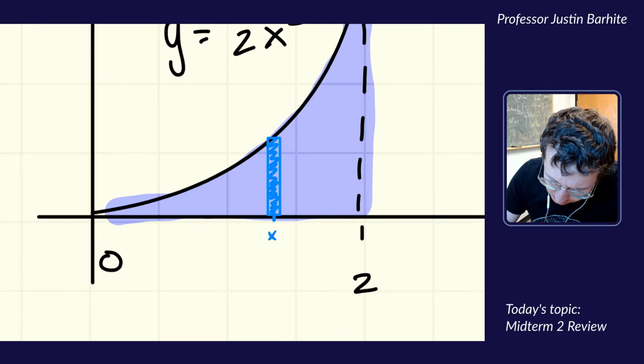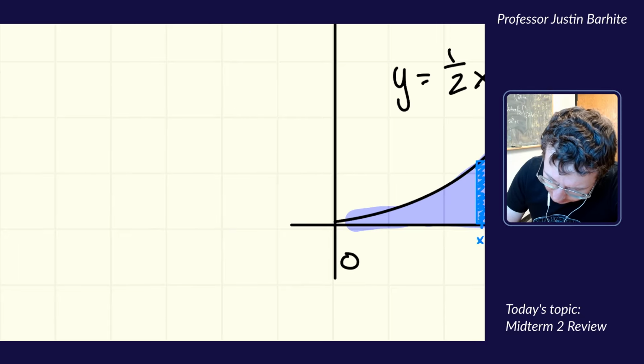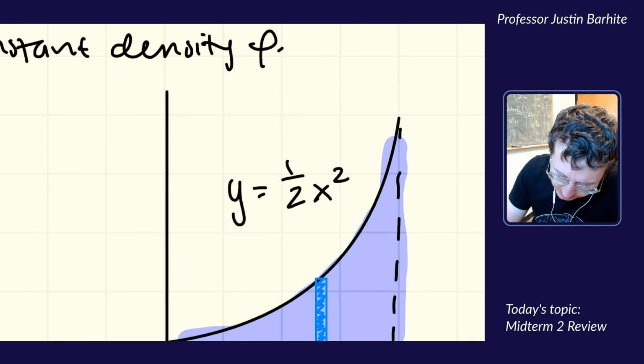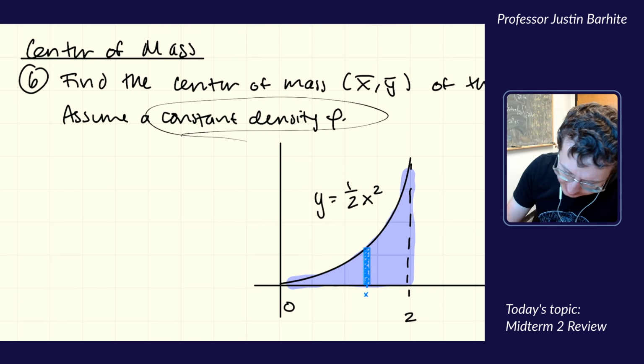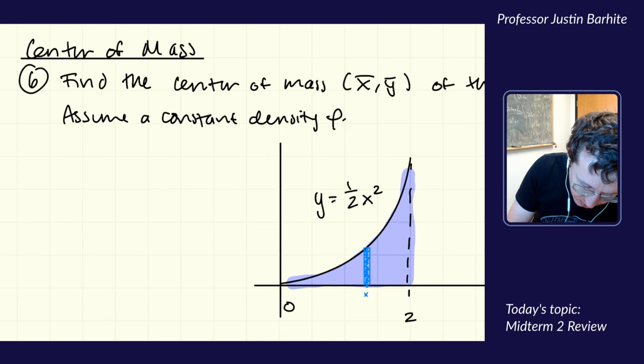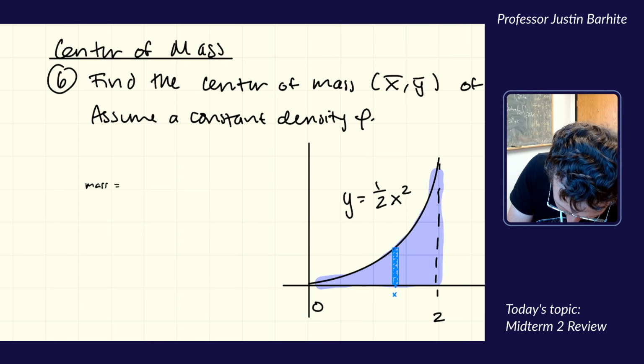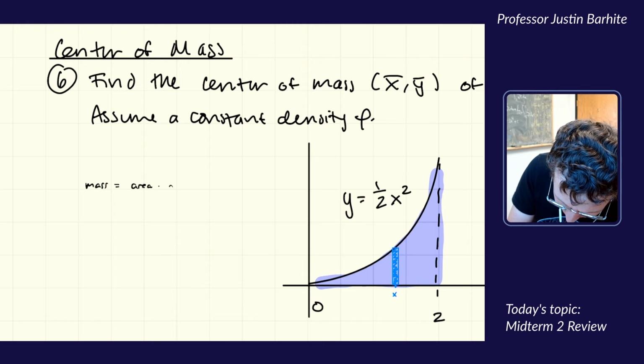Okay, so the mass of this little piece is its area times the constant density rho. Mass is area times density.